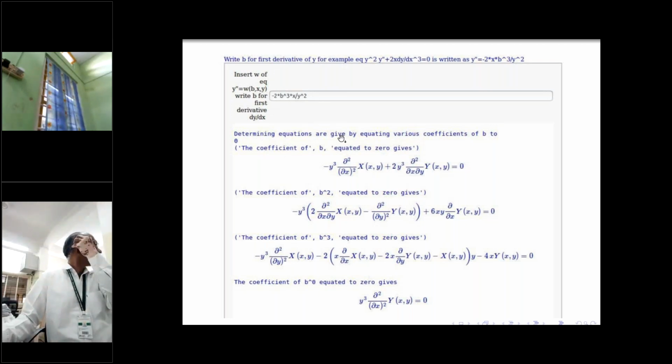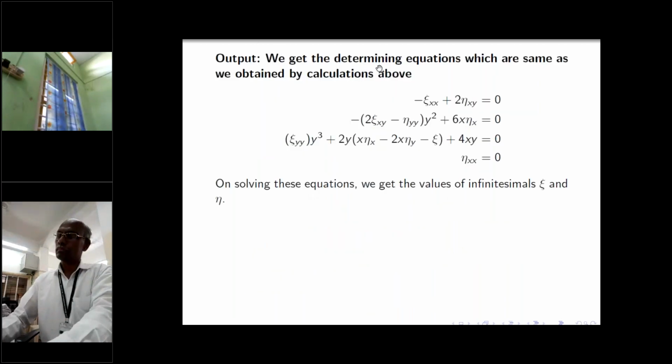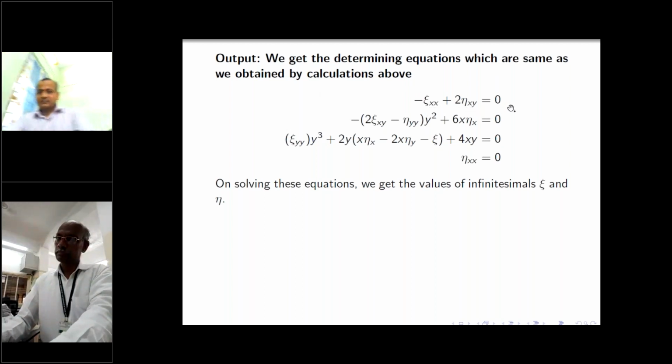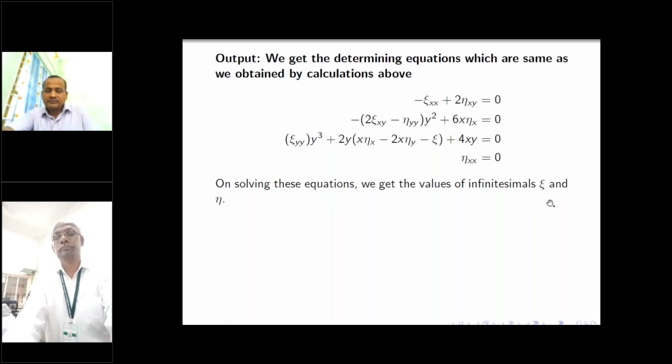If you put this value, then without all this calculation which I explained in the last slides, we directly get the determining equations as output, which are the same as we obtained by calculation above, that is minus xi xx plus 2 eta xi xy is equal to 0, and all these four equations. Now solving all these equations, we get the values of the infinitesimals xi and eta.